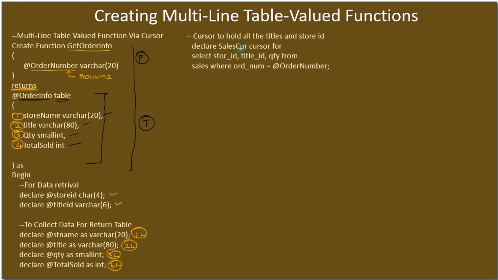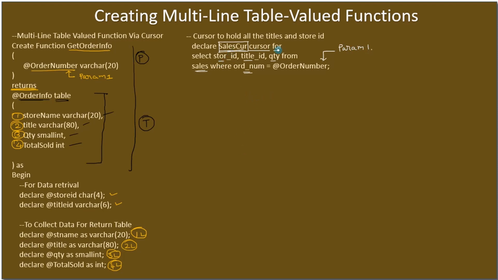Here we are declaring the cursor. Declare sales cursor: this is the cursor name, and we use the keyword cursor for select store ID, title ID, quantity. Those are the 3 columns from the sales table, where order number equals the passed in order number, param 1.